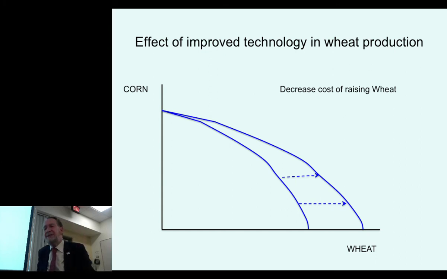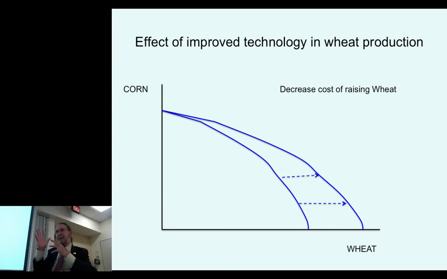Thinking like an economist, if this technology increases the amount of wheat with no change in the amount of corn, what is the effect on the cost of growing corn? How do you measure cost? What you've given up, right? Opportunity cost, good.